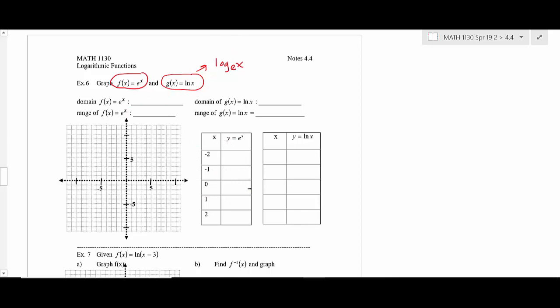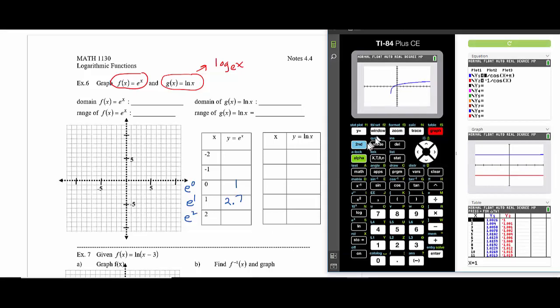Just do these. So we've got e to the 0, e to the first, e to the second like that, okay? And anything to the 0 is going to be 1. E to the first, remember, e is about 2.7. We've learned that. E to the second, if you needed to, you can use your calculator: press second ln to get the e key to come out.